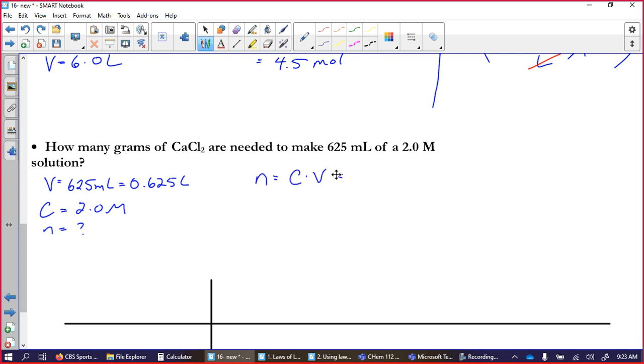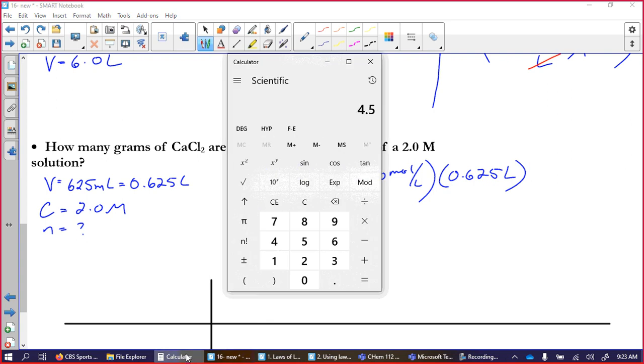And just for space, concentration is 2 moles per liter. Liters, 0.625 is 5/8, but I don't want to do that. 2 times 0.625.